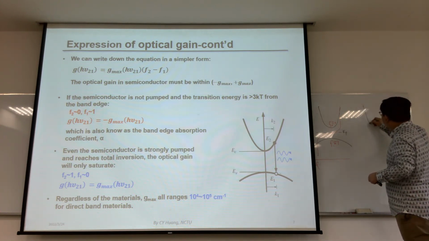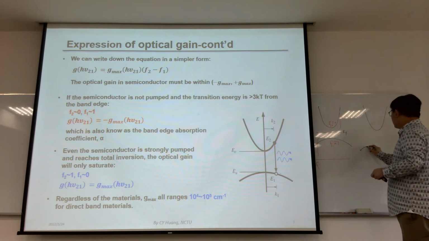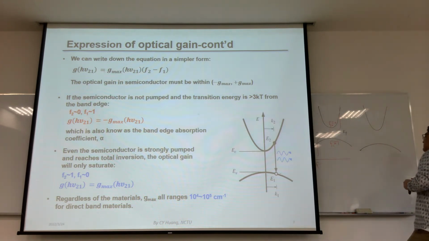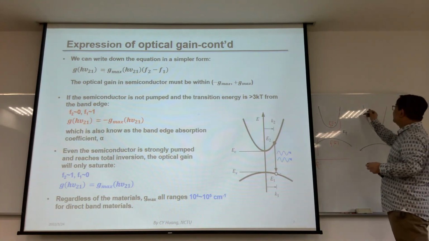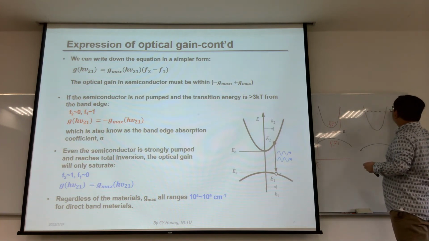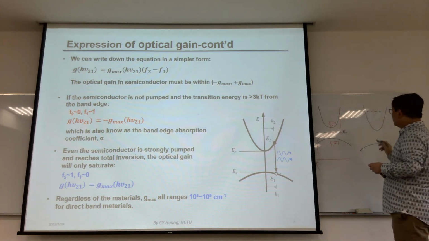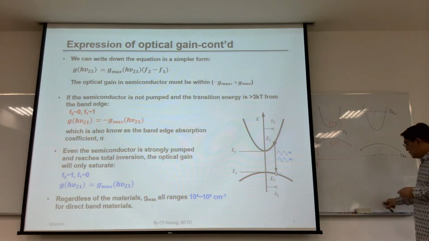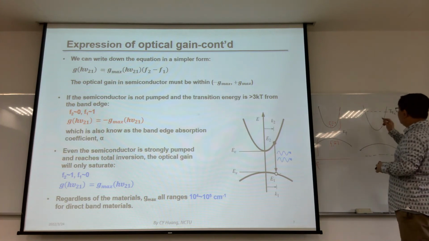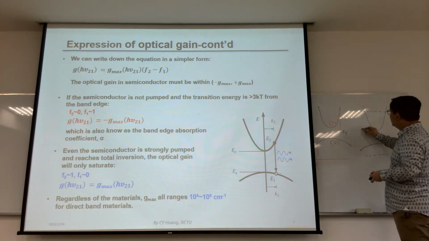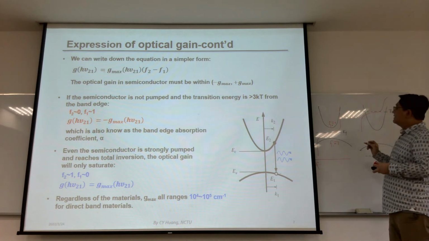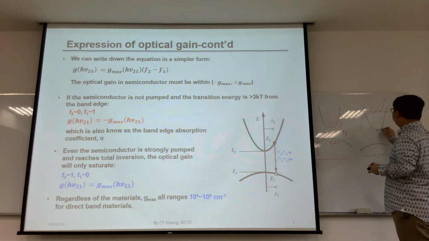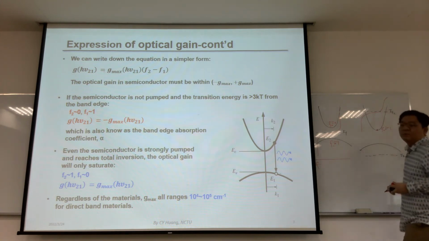But under a strong excitation, for example like this, now you get two Fermi levels. Since the excitation is high, let's call them E_F,C and E_F,V. At this level, F2 is almost 1.